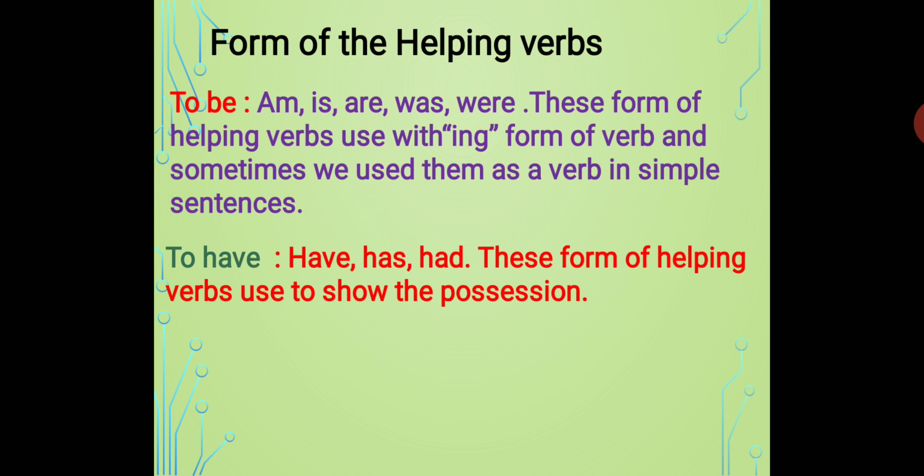Then, the second form of the verb is the to have form. Has, have, had are the helping verbs of the to have form. These helping verbs do not show any action, but they show the possession of the noun. For example, she has long hair.